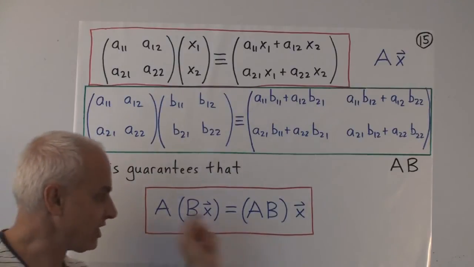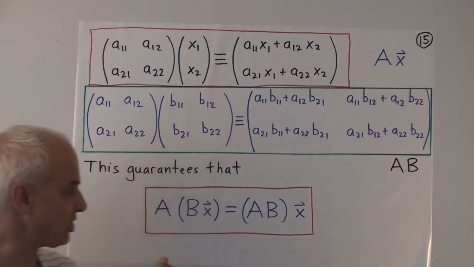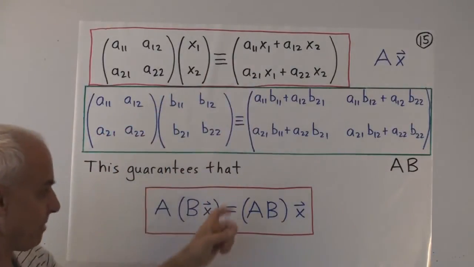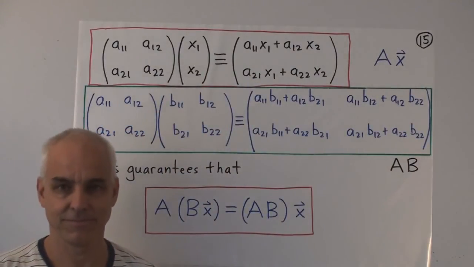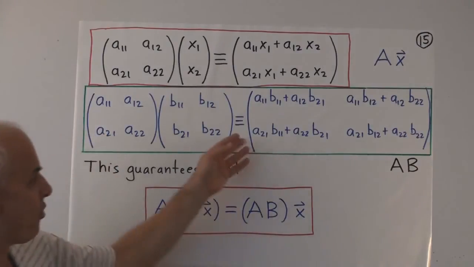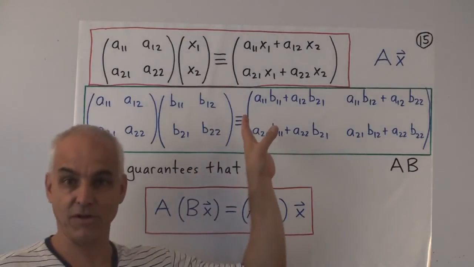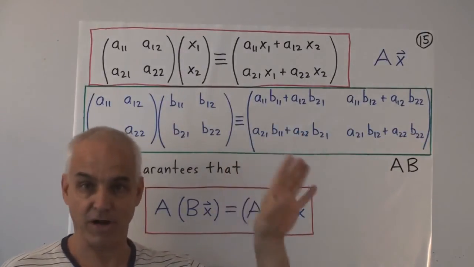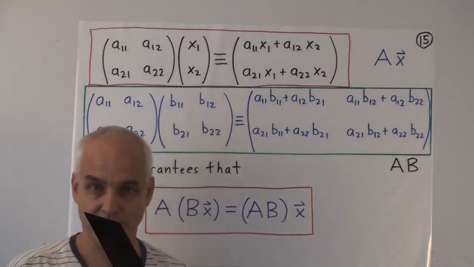So this equation is really defining the matrix multiplication for us, and this is the actual explicit formula that is required to make this work. It's a very important formula. We're going to see it a lot. You're going to have to become very familiar with actually working the product of matrices using this formula.